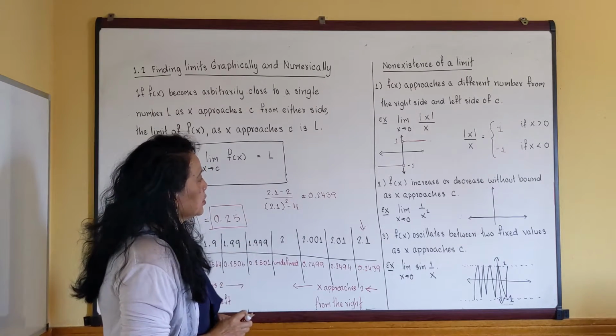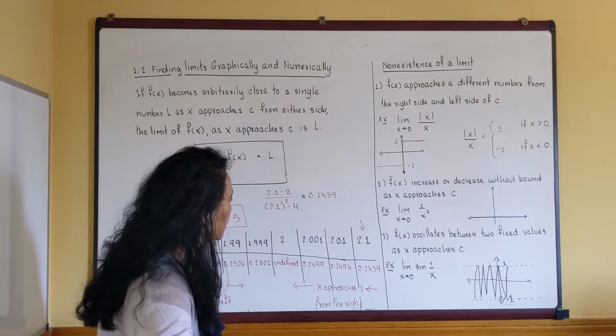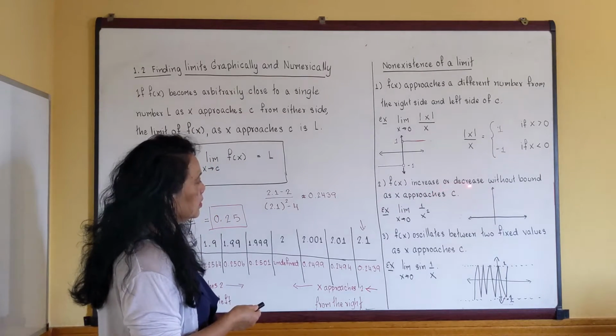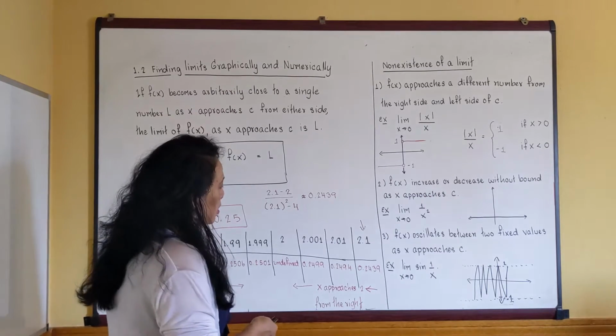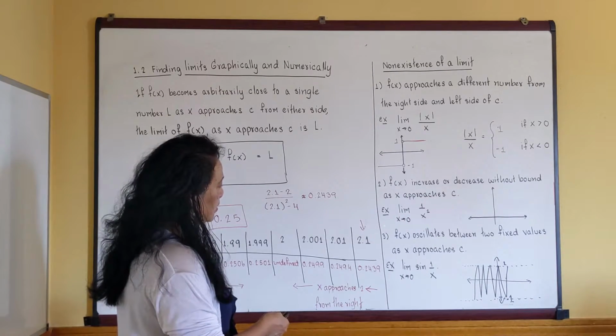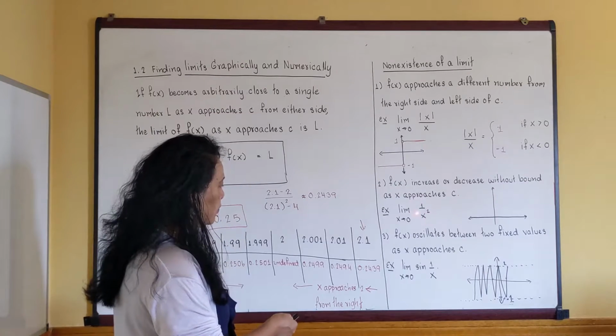That's the first condition. The second one is when the function f of x increases or decreases without bound as x approaches c. Look at this function as x approaches 0. Again, it cannot be 0, it's undefined.